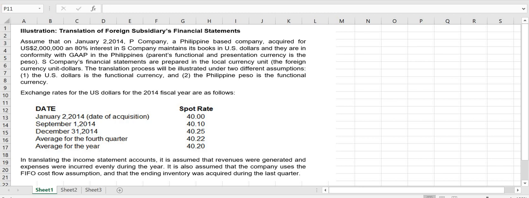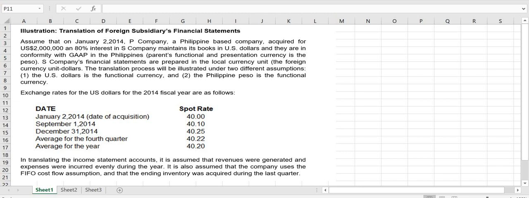Assume that on January 2, 2014, P company, a Philippine-based company, acquired for $2 million an 80% interest in S company, which maintains its books in US dollars in conformity with GAAP.